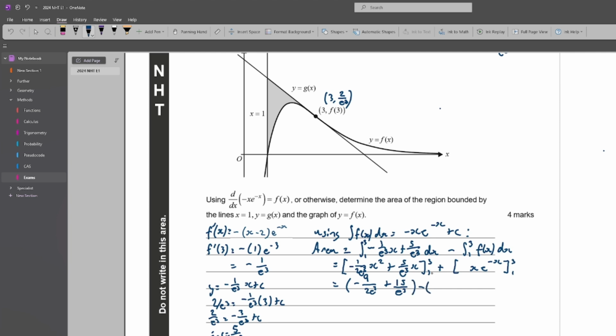But first, let's sub in this 1. Subbing in the 3 and the 1 into this. One on e.